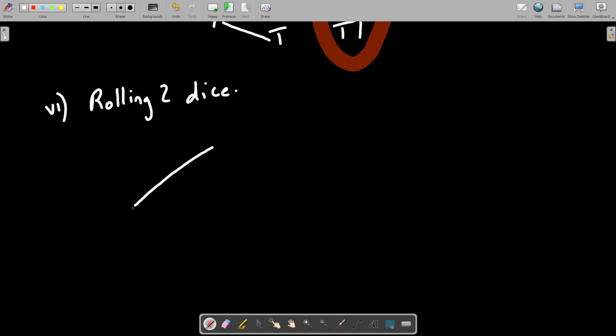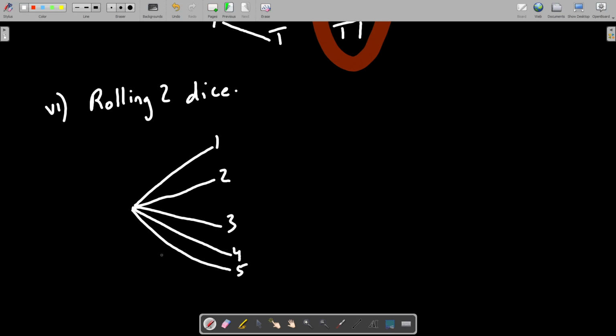You roll the first die. You get 1, 2, 3, 4, 5, 6. Then you roll the second die, which again gives you 6 possibilities.